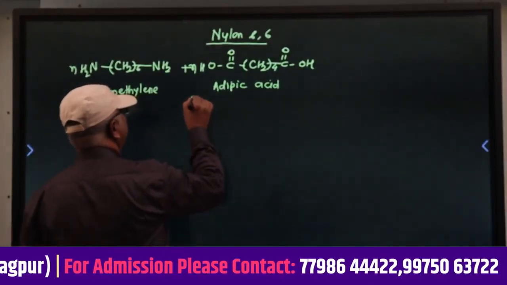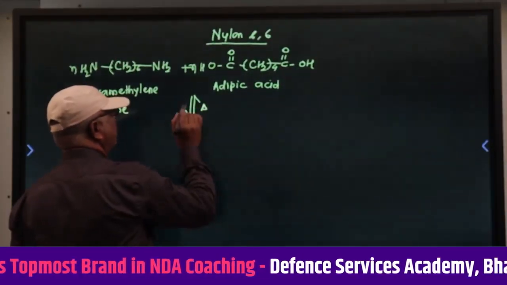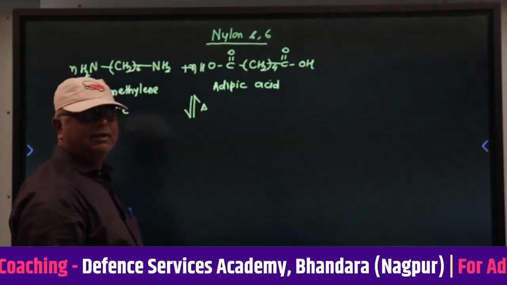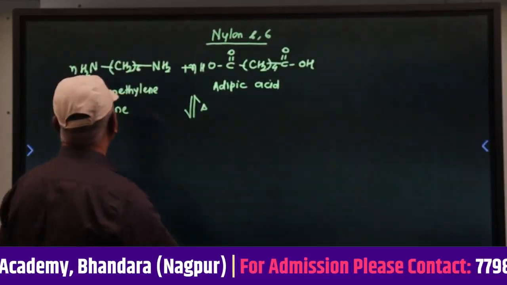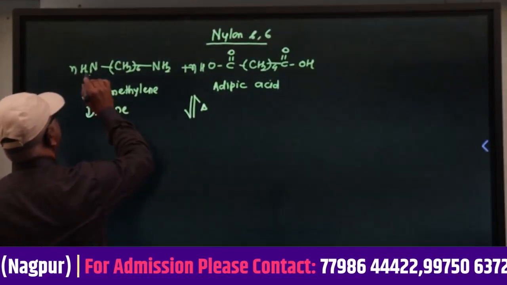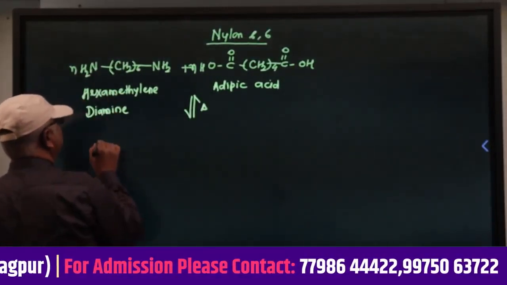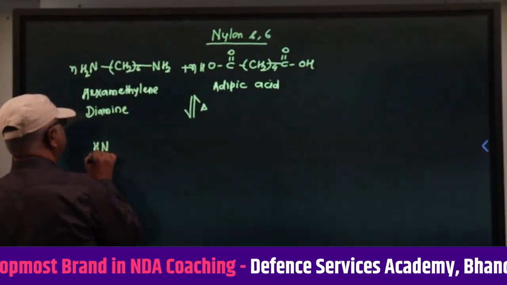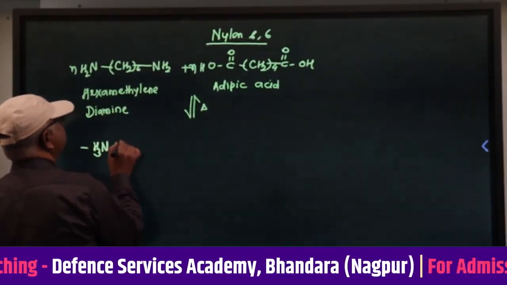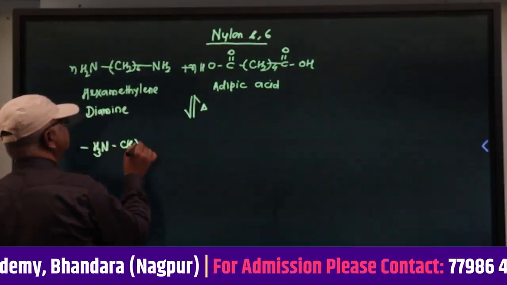When it is condensed on heating in a nitrogenous atmosphere, H and OH are removed, giving NH3, CH2 by 6.